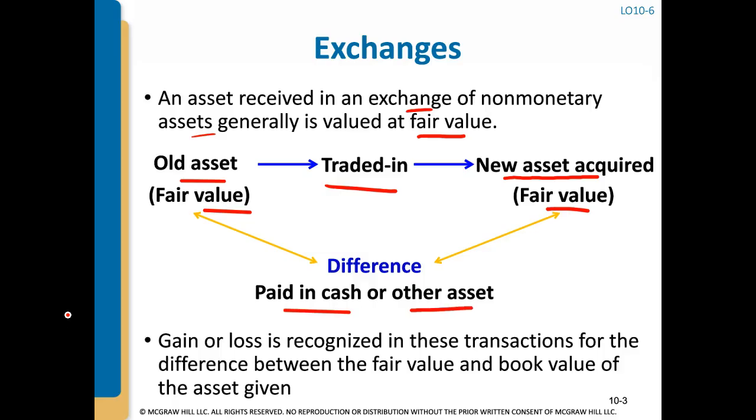And then if there's still a difference between the fair value and book value of the asset given, the old asset, then you recognize a gain or a loss. We're going to go through some examples that I think will make it a lot more clear what this whole slide is saying.